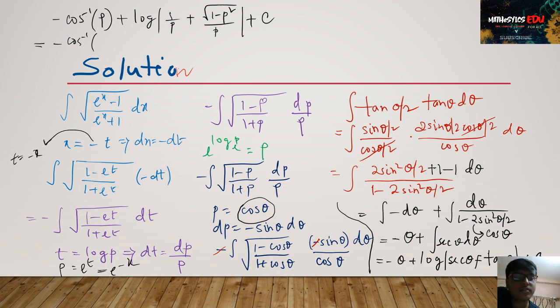Okay. Now e to the power minus x will be put here. Log mod 1 by p is nothing but 1 by e to the power minus x, which is e to the power x, plus root over 1 minus e to the power minus 2x divided by e to the power minus x.